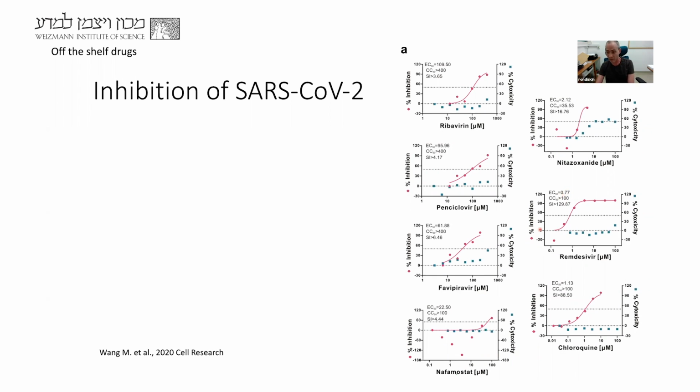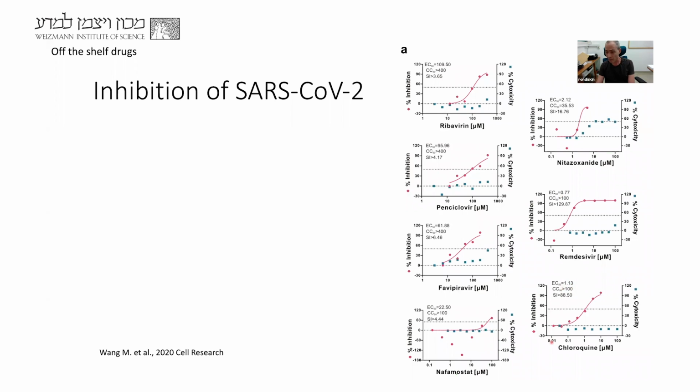I also want to mention here another drug, chloroquine. This is not an inhibitor of the RNA-dependent RNA polymerase like all of the other drugs here, and it functions in a completely different mechanism, but that I won't describe now. But you can also see that it's quite effective.